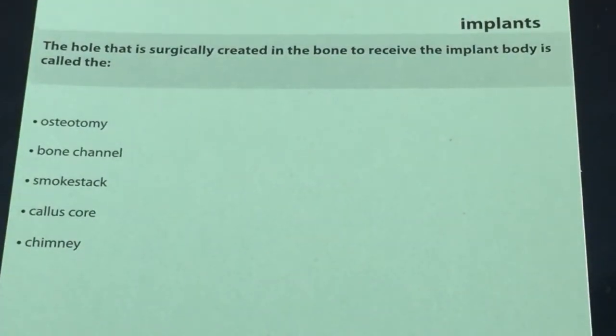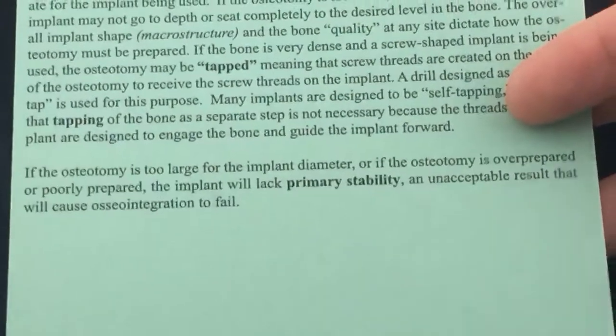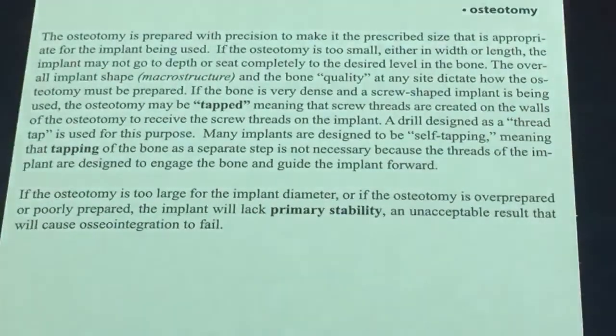The hole that is surgically created in the bone to receive the implant body is called osteotomy, bone channel, smokestack, callus core, or chimney. Answer is osteotomy.